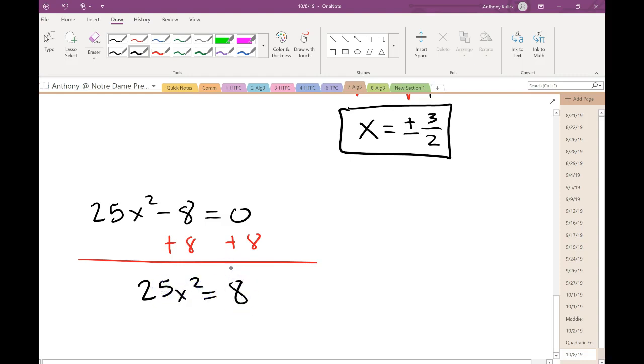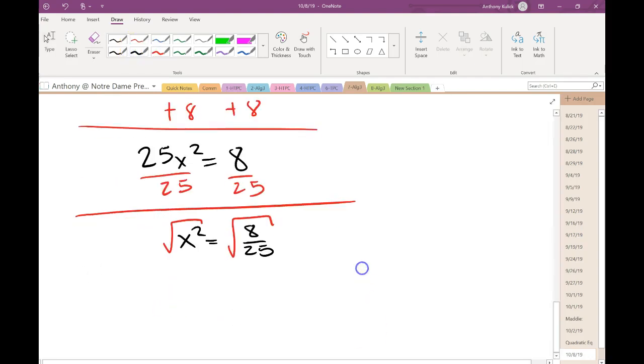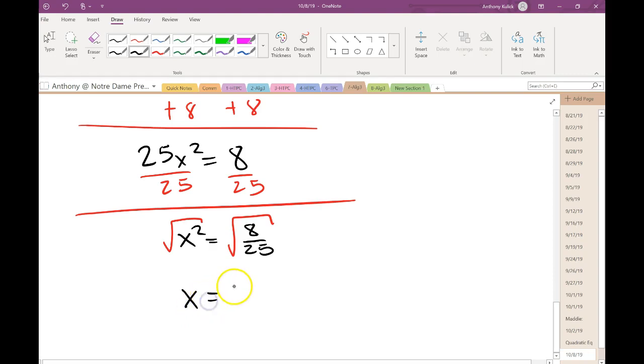Okay, and then what? Divide by 25. Good. And then square root both sides. What do I have to remember? Can I get everybody to say it?